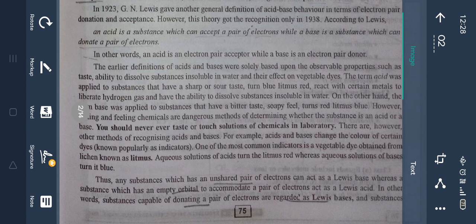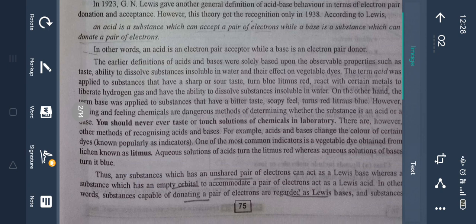Thus, any substance which has an unshared pair of electrons can act as a Lewis base, whereas a substance which has an empty orbital to accommodate a pair of electrons acts as a Lewis acid.